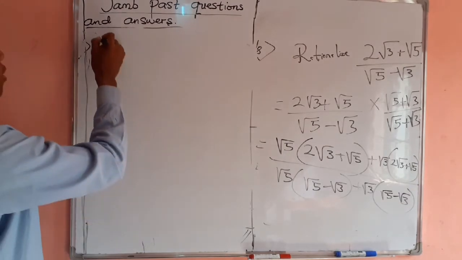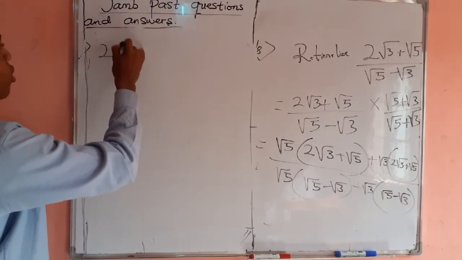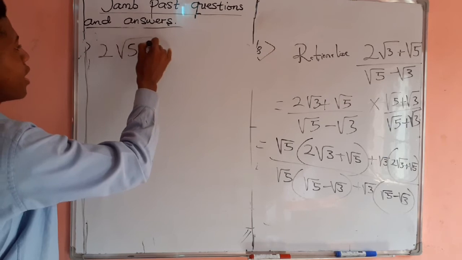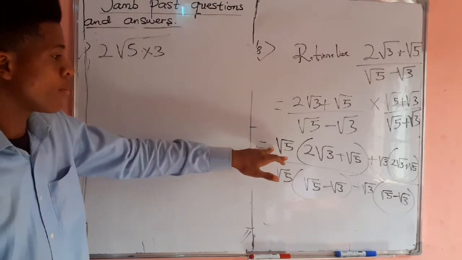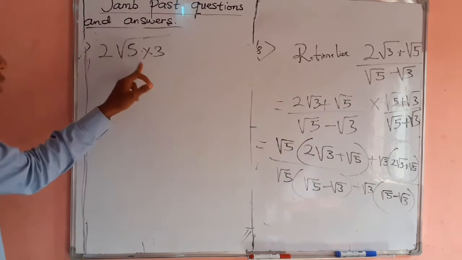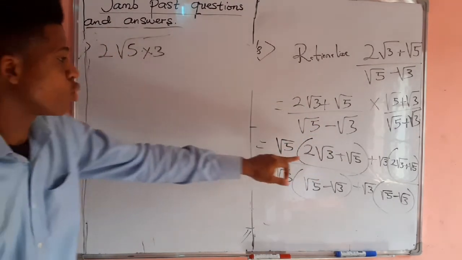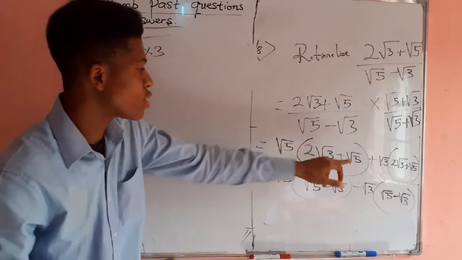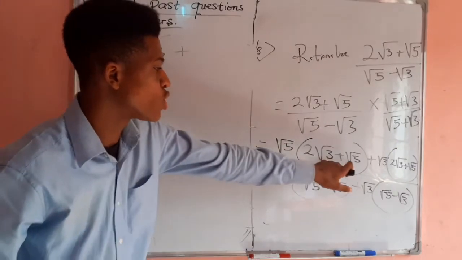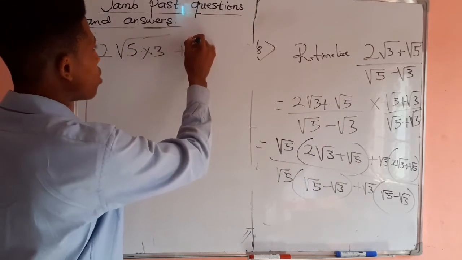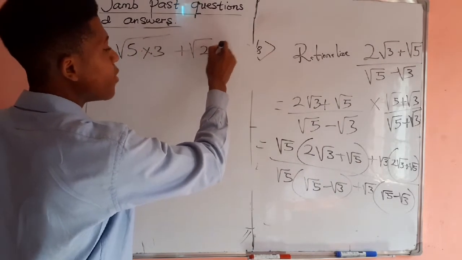So this will be 2 root 5 times 3. When two roots multiply themselves, they come together. Your 2 is outside. What comes next? Plus root 5 times root 5, which is root 25.